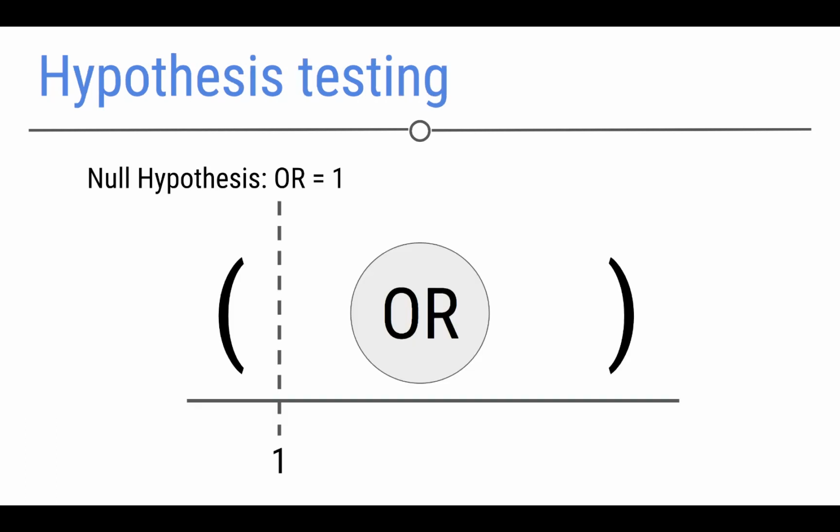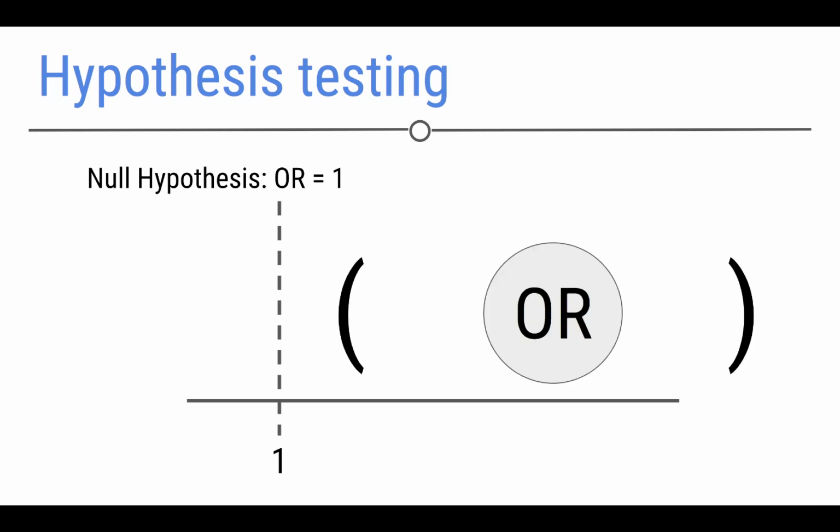The null hypothesis here for an odds ratio is that the odds ratio is equal to 1, meaning no effect. This generally means that if the confidence interval of the odds ratio includes 1, it's not statistically significant.